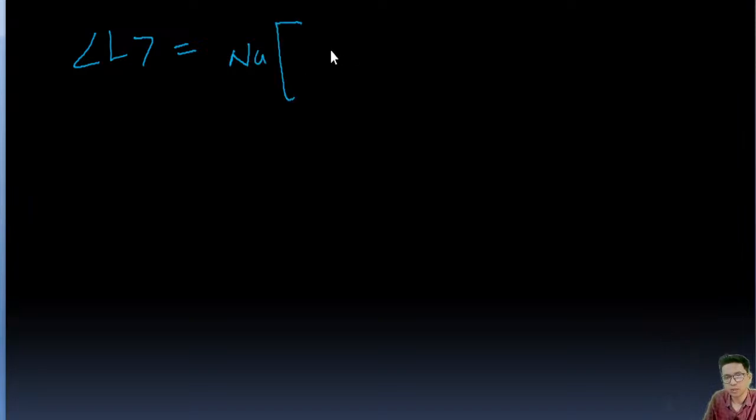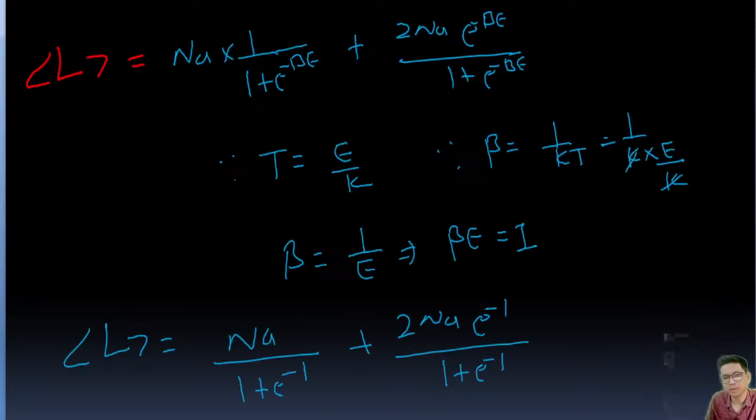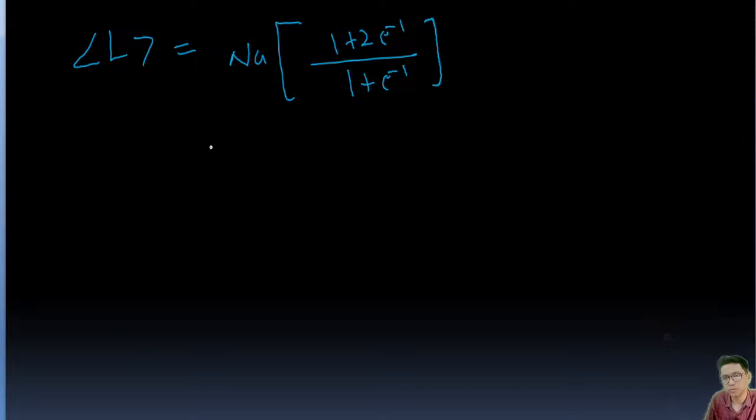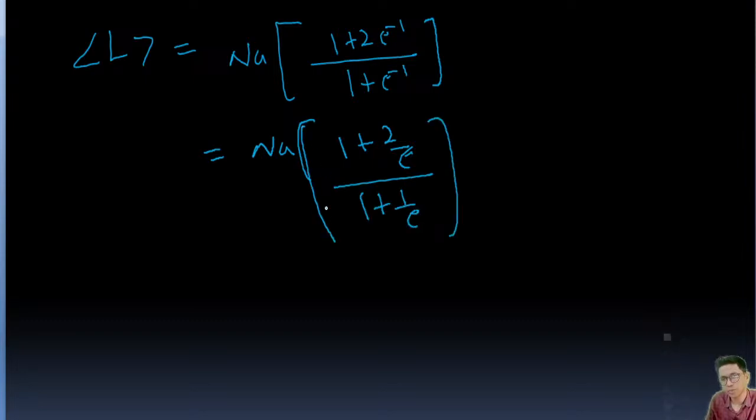We take 1 plus e to the power minus 1 as the LCM, and this is going to be 1 plus 2 e to the power minus 1. We can write it like this, right?